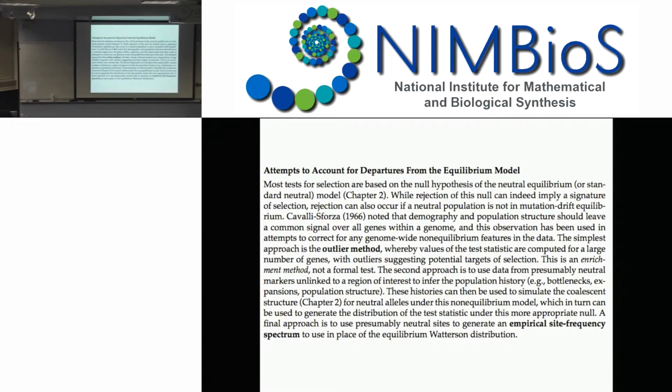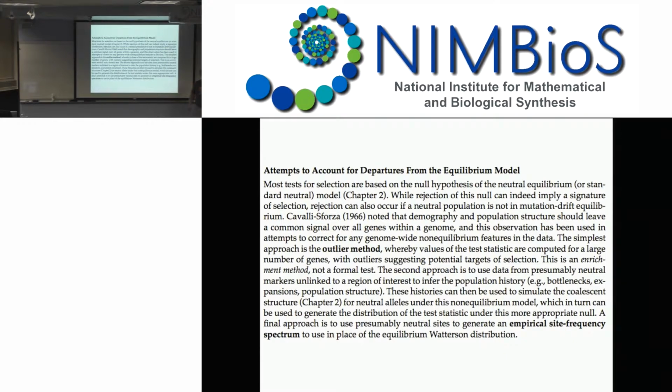The second way is to use data from presumably neutral markers to infer the population history. Tajima's D is changed if you have population structure or population history. You can then use methods; a good example is approximate Bayesian computation. You basically assume a certain population structure and simulate that structure.